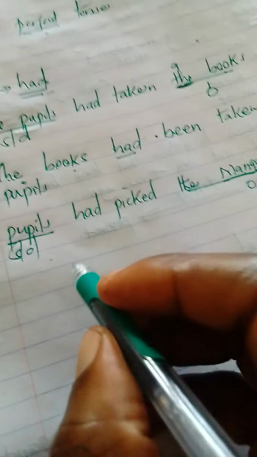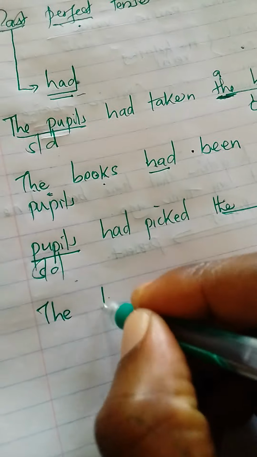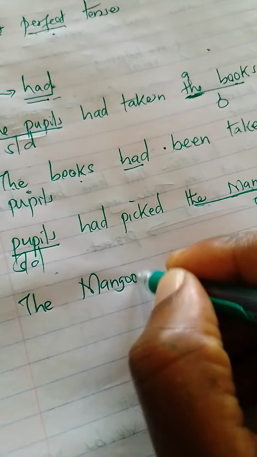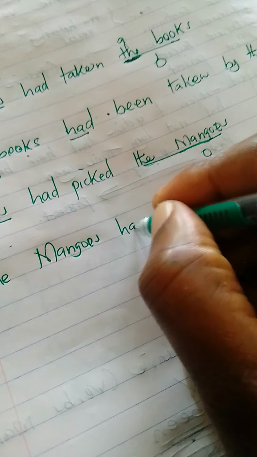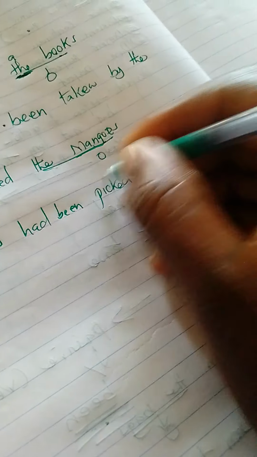The object now starts the sentence so that it becomes the mangoes had been picked by pupils. Remember, my active sentence did not start with the pupils. It started with pupils.